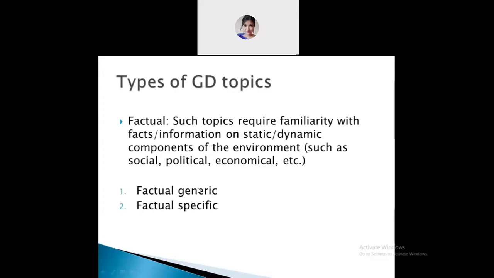Now, is the concept of factual topic clear to you all? Factual topics are related to reality, okay? Anything that occurred in the past or is currently taking place.